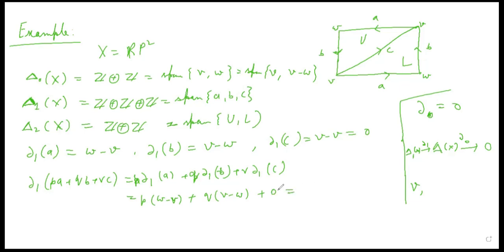This is what? Basically Q minus P times W. So this implies this is 0. This is 0 means P equal to Q. Okay.